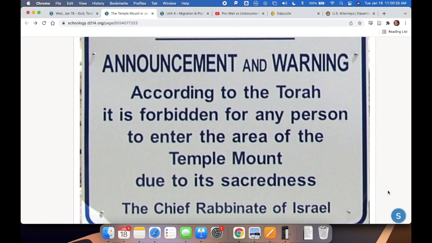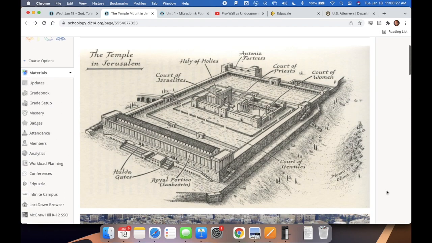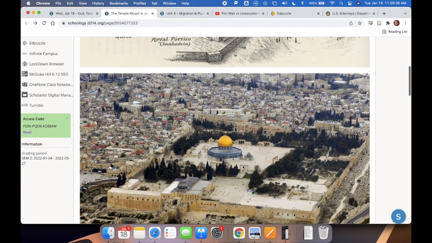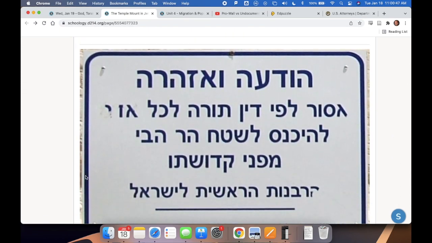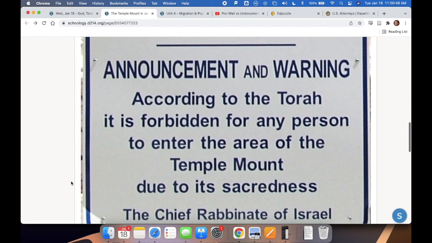One of them is that while there's some certainty, there's not full certainty of where the Holy of Holies is. So it could have been anywhere in this part. And if you're not supposed to go there, if that's the most sacred site, and only the high priest of Jerusalem could go in there, then you can't go anywhere in the Temple Mount. Though there are some other cultural and political theories out there for this.